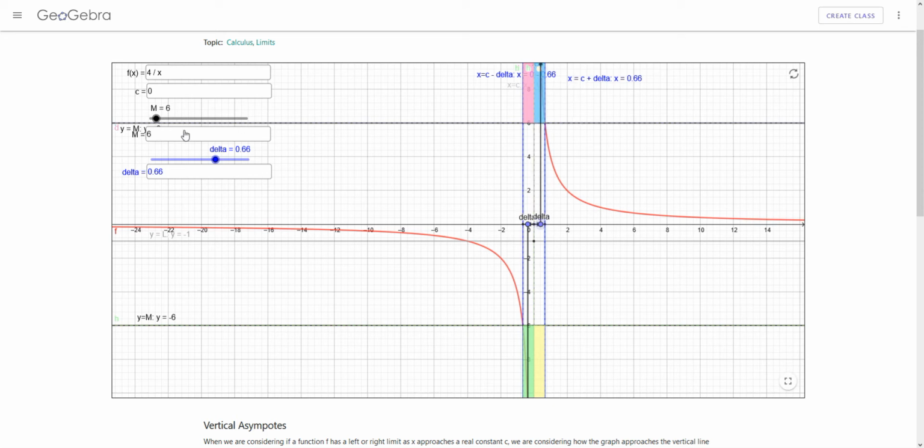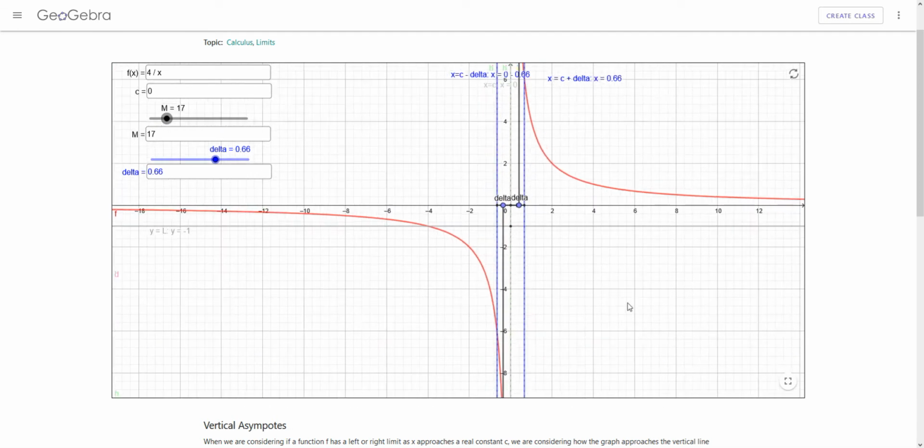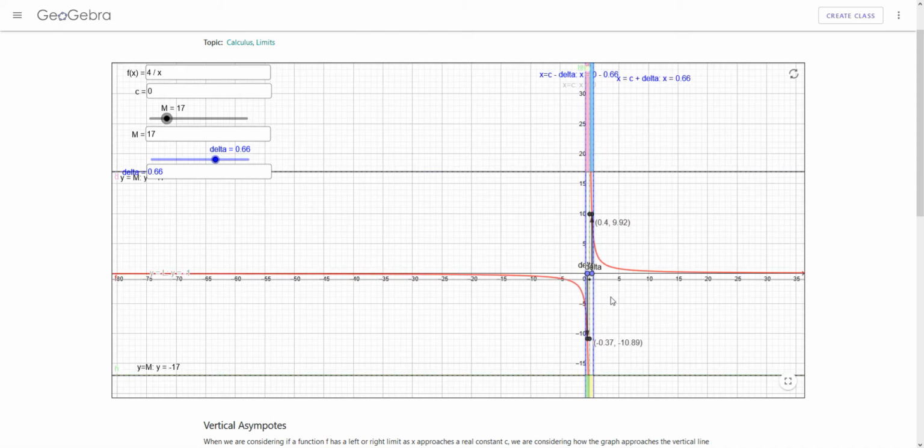I may have to zoom out to see it here. But there's some place in there that if I pick the delta small enough, we're not there yet, but if I pick the delta small enough, then all of the values will be above that.